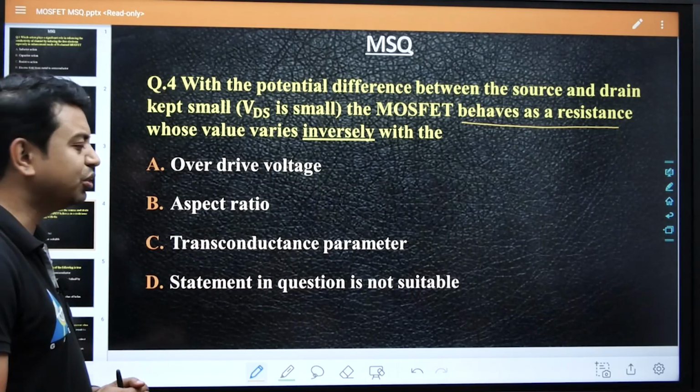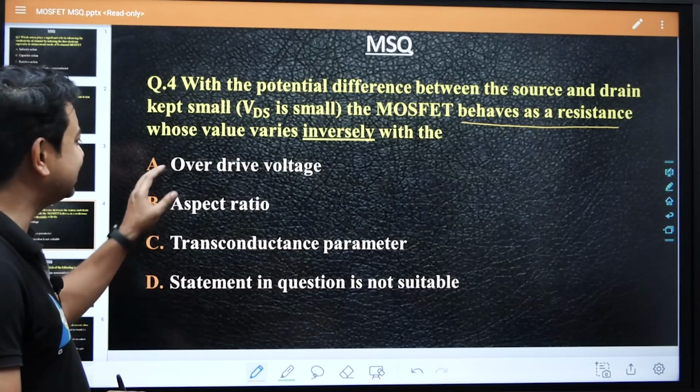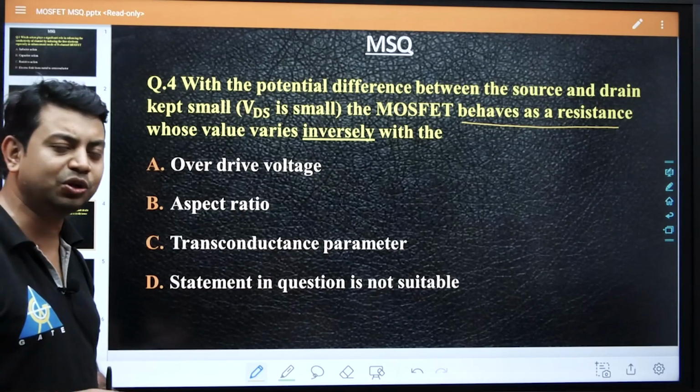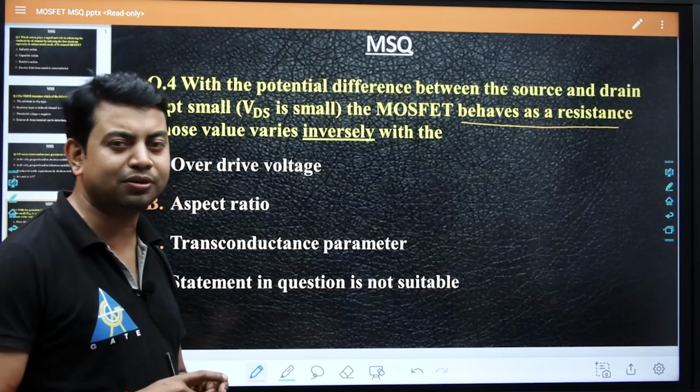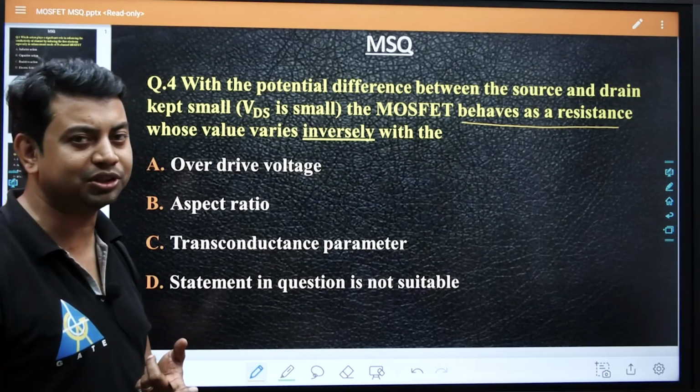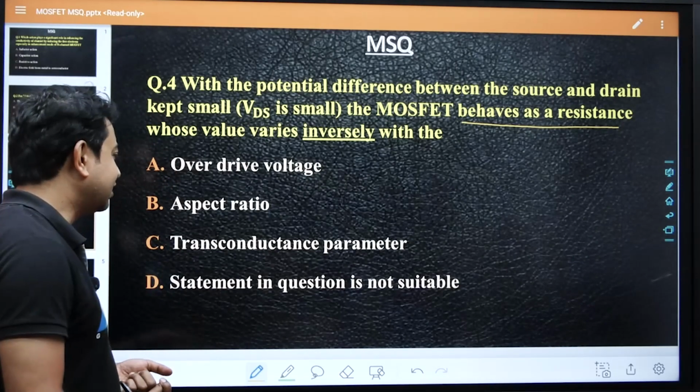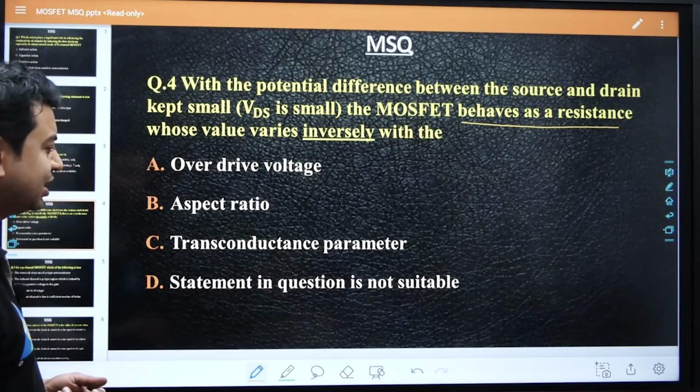So we have to understand what the overdrive voltage is. This is one terminology, and I will give you the reason why we are using this terminology and the meaning of overdrive voltage. And what is the aspect ratio, what is the transconductance parameter.